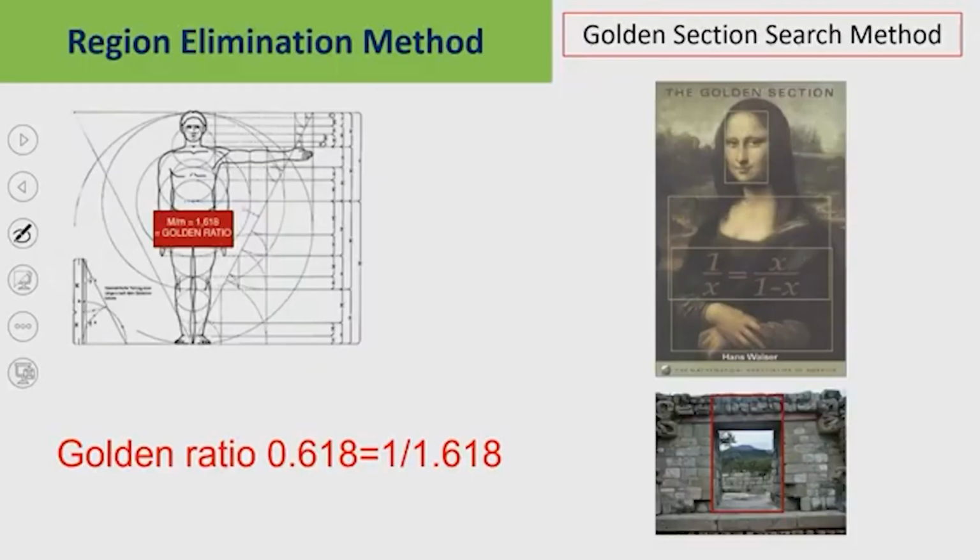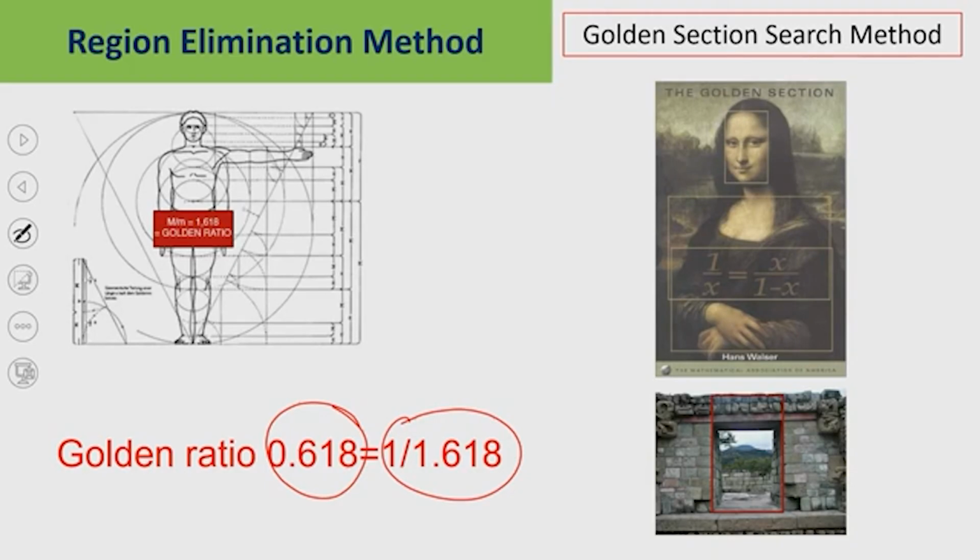Now, let us discuss another method, and this method is the golden section search method. There is a golden number, or golden ratio, that is 0.618 or 1 by 1.618. If you look at nature, you can see that this ratio is somehow maintained.